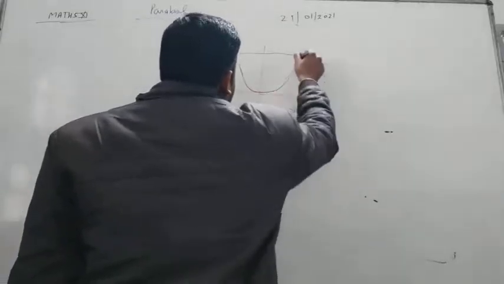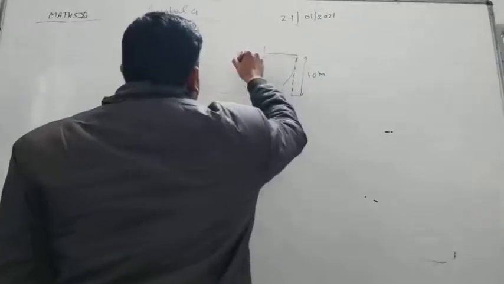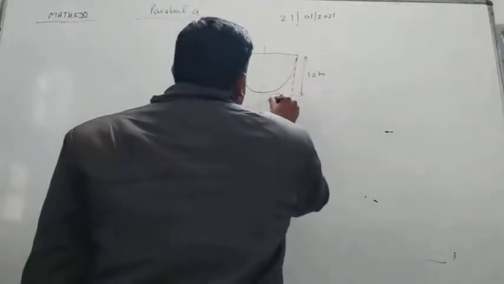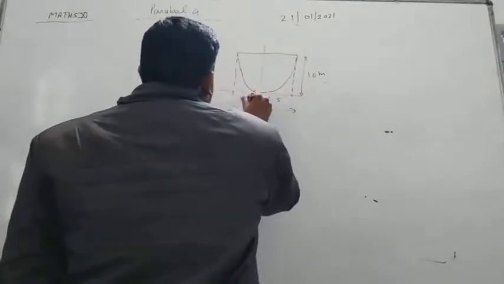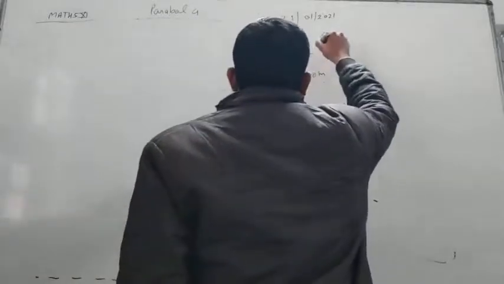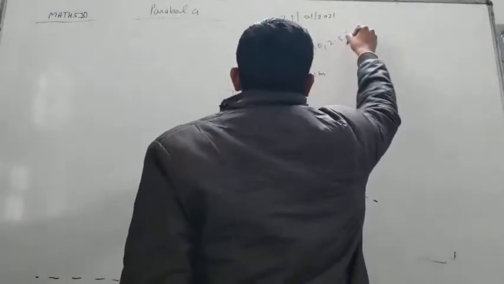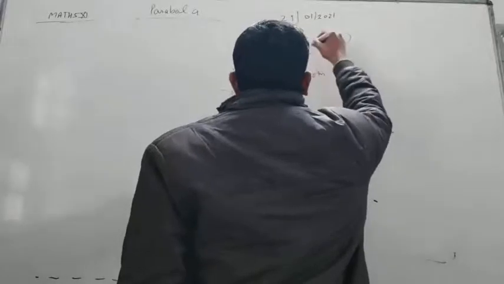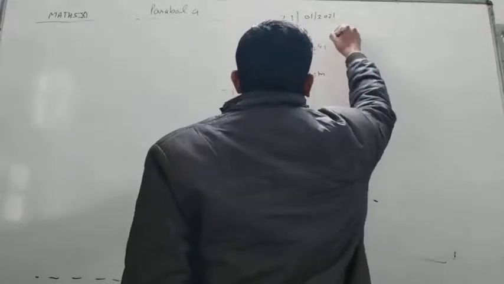So this is 2.5 and this is 2.5. So the coordinate of this point P is (2.5, 10). Okay, because the length is 2 meters.